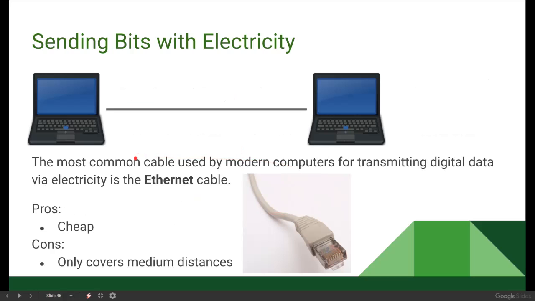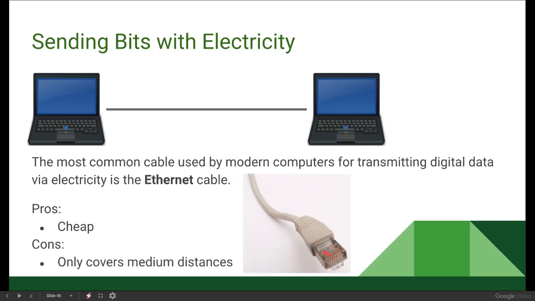When we send bits with electricity, the most common cable that we are going to be using is the Ethernet cable. This is the most common for sending digital data with electricity.